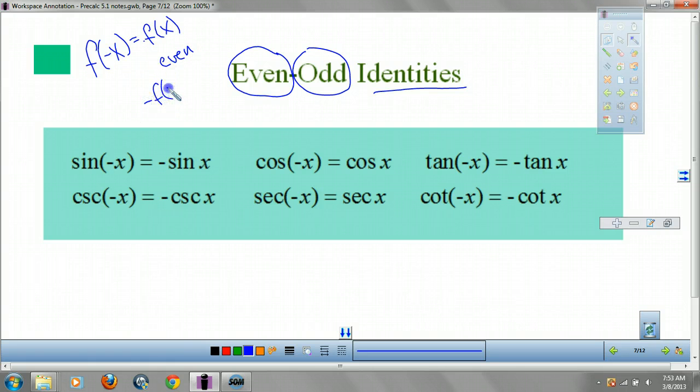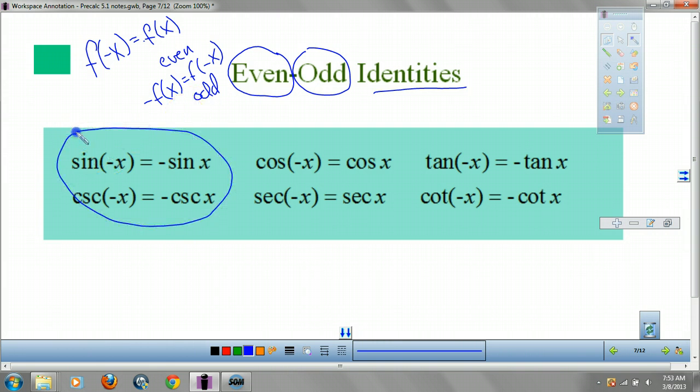And if f of negative x equals negative f of x, then you are odd. You guys remember that? Okay, so let's take a look.